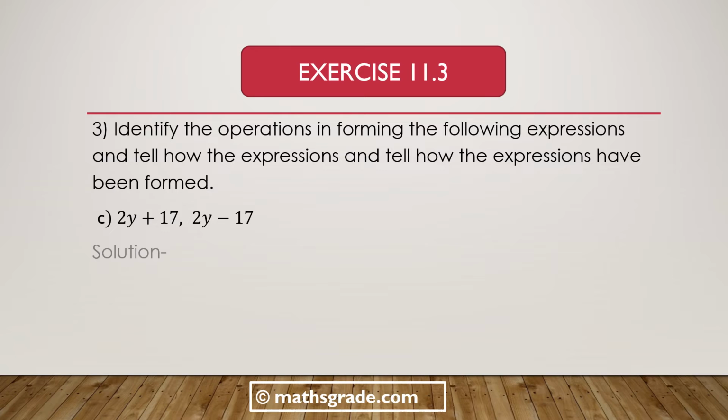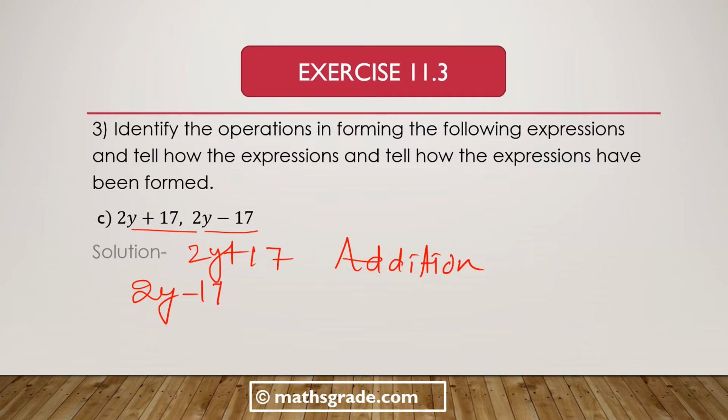Now third bit C, 2y plus 17 and 2y minus 17. 2y plus 17 is an algebraic expression having variable 2y and the constant 17. This expression is formed with the operation addition, the variable 2y is added with the constant 17. Addition operation performed. And 2y minus 17, this is an algebraic expression having the variable y and constant 17.